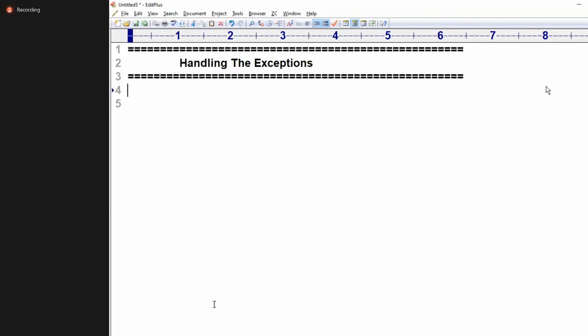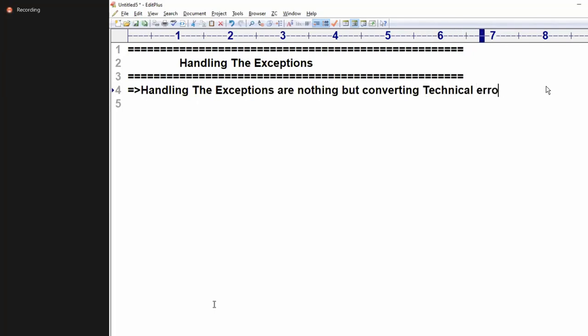Handling the exceptions is nothing but converting technical error messages into user-friendly error messages.